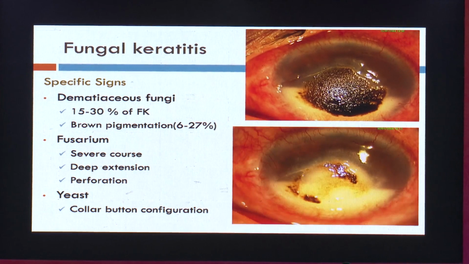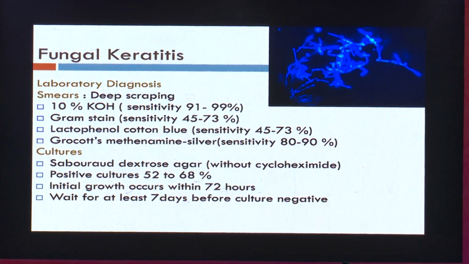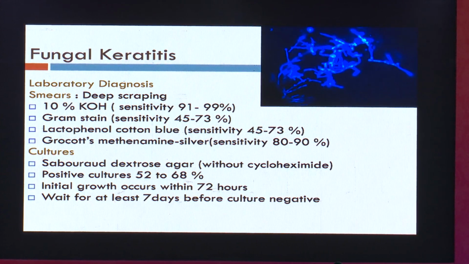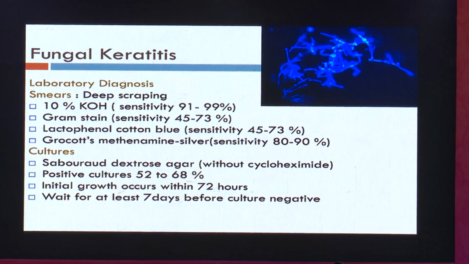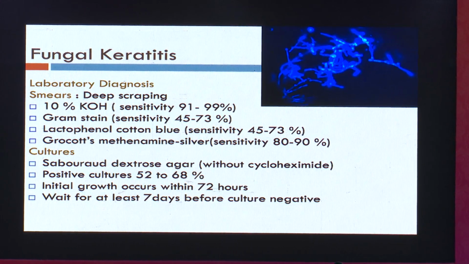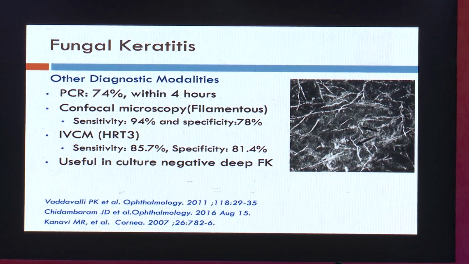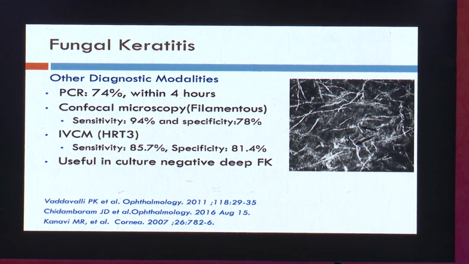Then for laboratory diagnosis, whenever you do a deep scrape, 10% KOH should be used, which is sensitive in 91 to 99% of the cases. And cultures are to be sent on Sabouraud's dextrose agar, which are generally positive in 52 to 68% of cases. It is important in those cases which are culture negative but which appeared clinically to be fungal keratitis.